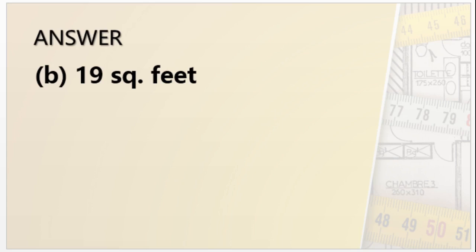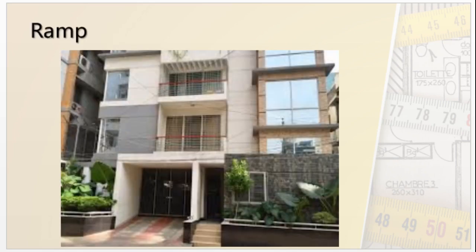So next we'll see the ramp. In many cases, commonly we see in different apartments this kind of structures. This structure is called ramp. To give the provision for the vehicles to enter into the building, we give this kind of ramp structures, or there are some guidelines in our Dhaka Metropolitan Building Construction Rule as well for universal accessibility.